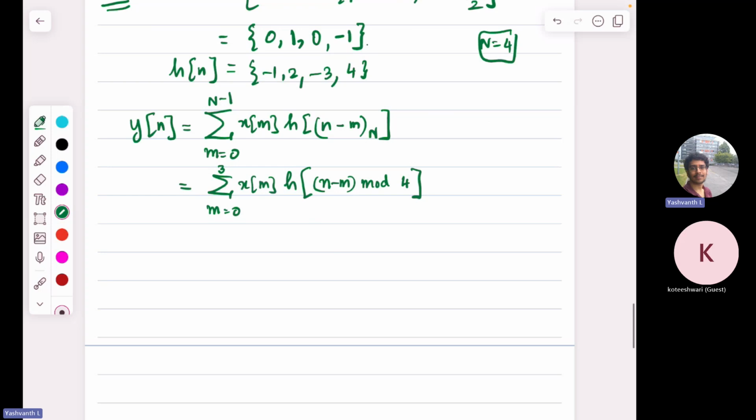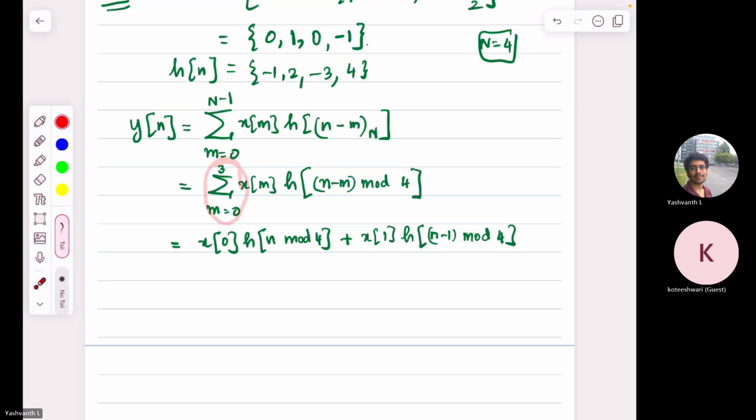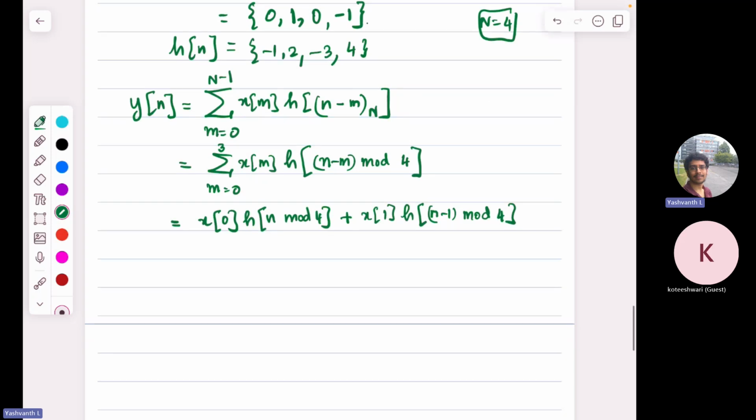Expanding this summation: x of 0 into h of n mod 4, plus x of 1 into h of (n minus 1) mod 4, plus x of 2 into h of (n minus 2) mod 4, plus x of 3 into h of (n minus 3) mod 4. That is y of n.